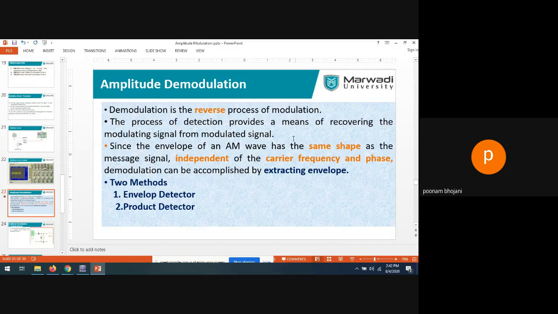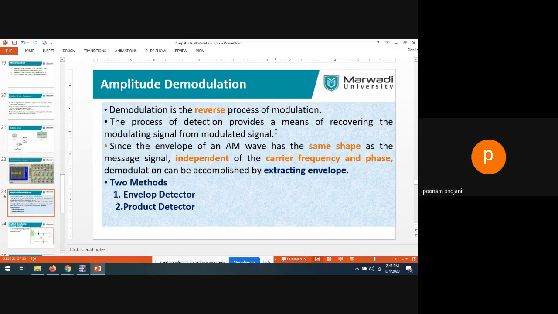Demodulation is the reverse process of modulation, and the process of detection provides a means of recovering the modulating signal from the modulated signal, right? The modulated signal is your AM wave, the superimposed signal. From this superimposed signal, I want to receive the original low frequency message signal or baseband signal.